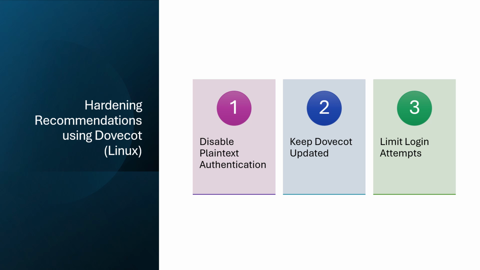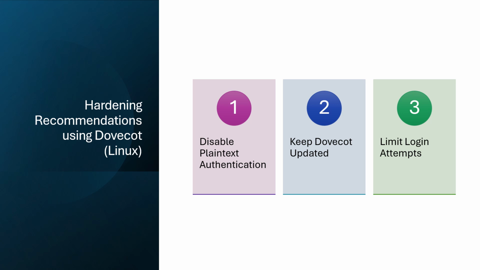Next, I would ensure you keep Dovecot updated. Updates patch vulnerabilities, reducing exposure to exploits. This ensures compatibility with the latest encryption standards, and this can help prevent vulnerabilities from known threats.